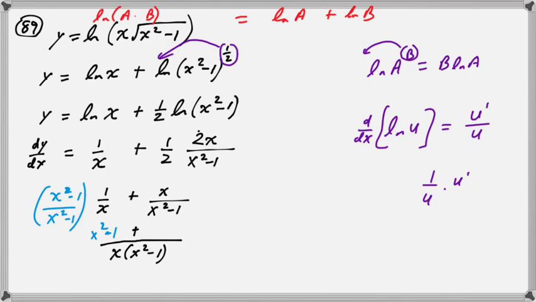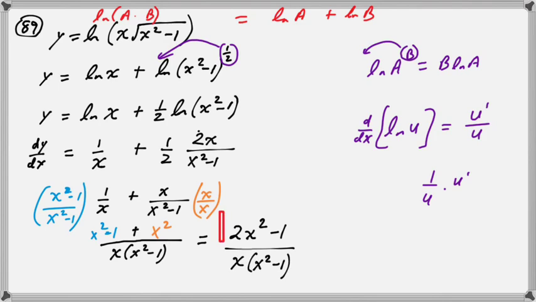Whereas this other one is missing what? It's missing an x. And what does that make? x times x on top, x squared. So what's going to be my final answer should be 2x squared minus 1 over x times quantity x squared minus 1.